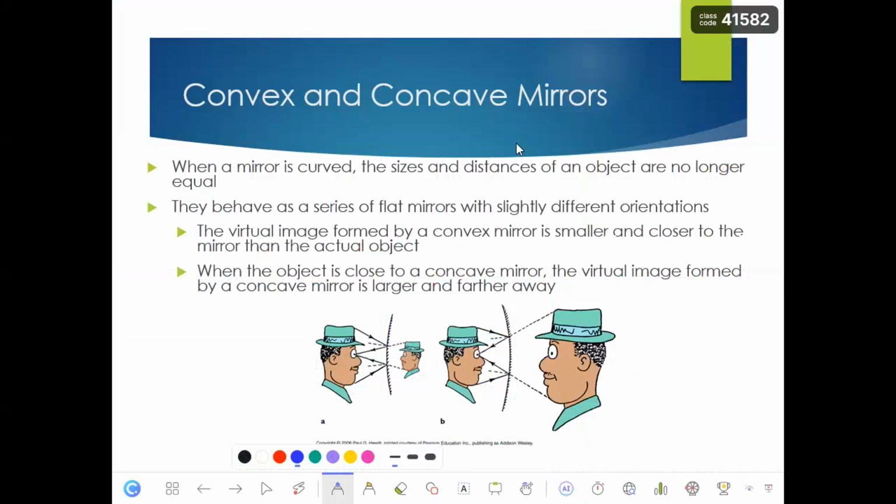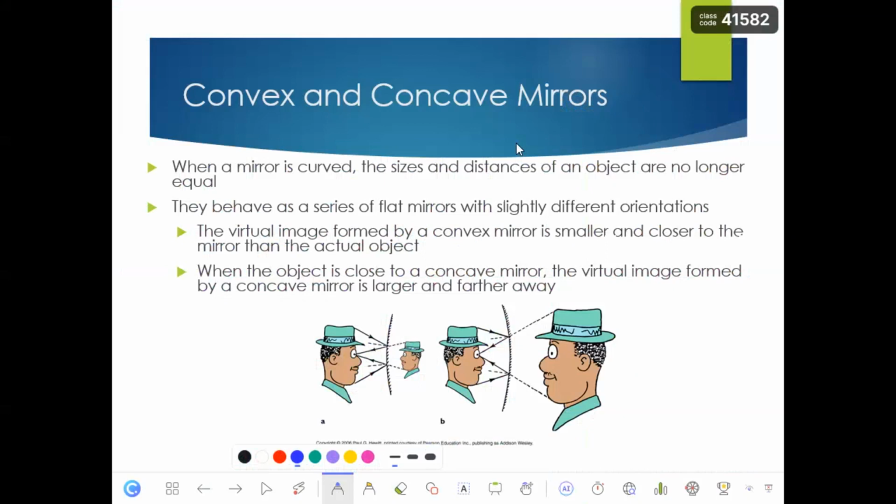Next thing that is important is going to be concave and convex mirrors. We will be using the same rule for convex and concave mirrors, but we need to extend the law of reflection when we are analyzing them.